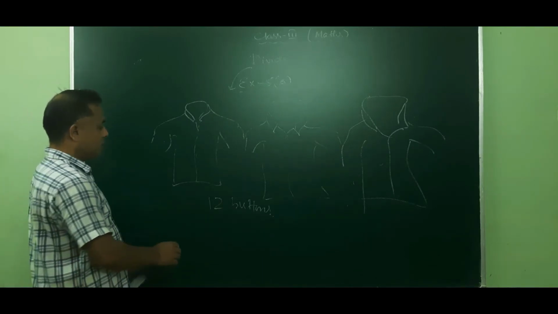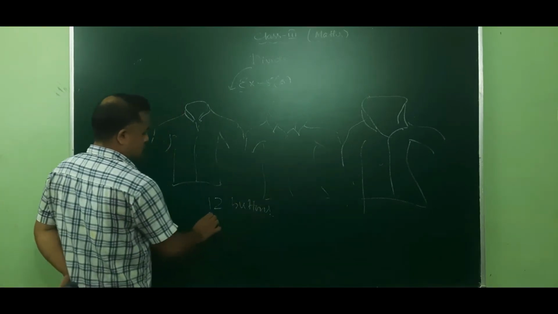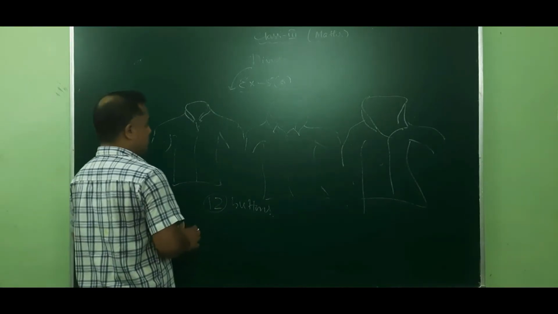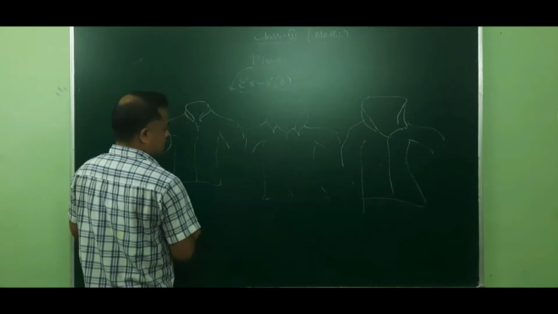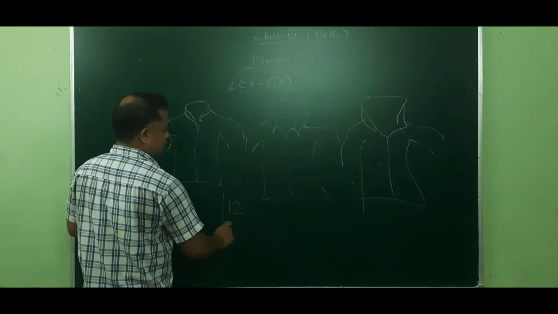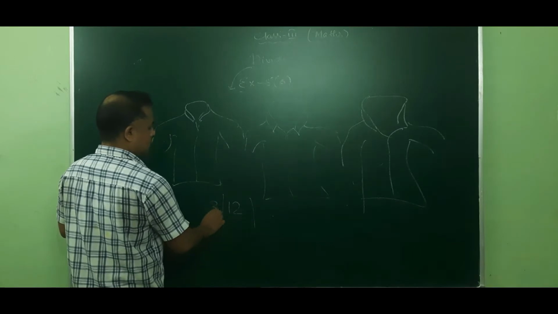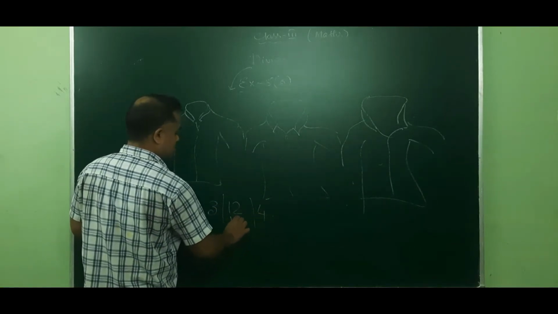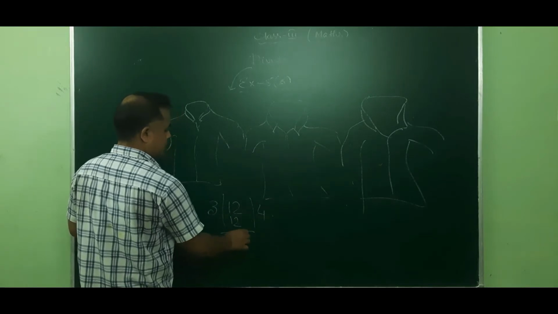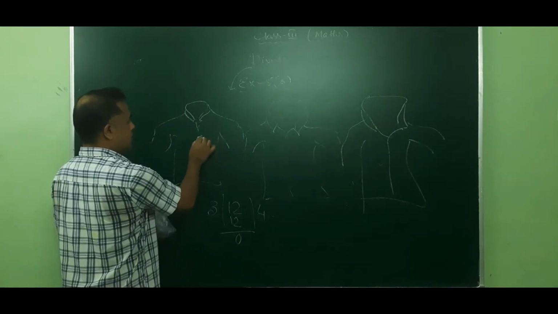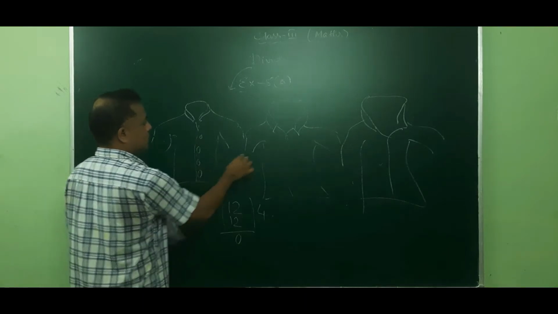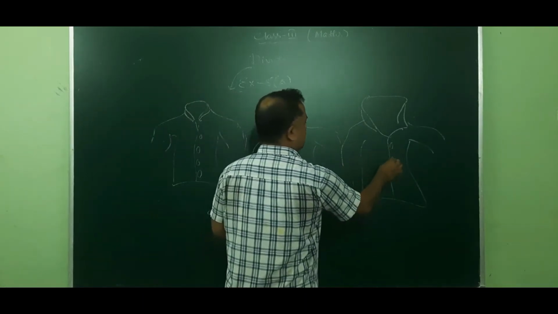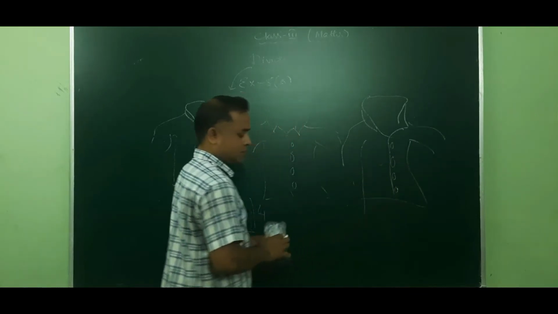So how we will do is that there are 3 shirts and you are given 12 buttons. With this 3 I will divide 12, so it goes 4 times. So nothing is left out. That means each shirt will get 4 buttons.